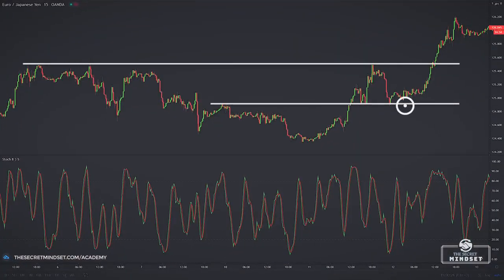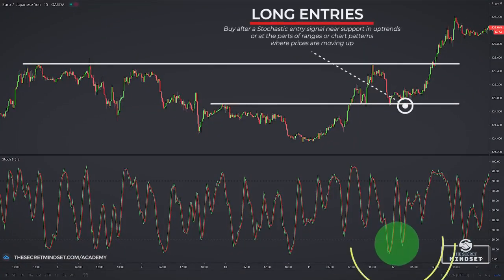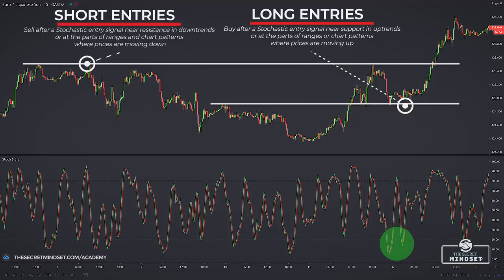The basic trading method for using support and resistance is to buy after a stochastic entry signal near support in uptrends, or at the parts of ranges or chart patterns where prices are moving up, and to sell a stochastic entry signal near resistance in downtrends, or at the parts of ranges and chart patterns where prices are moving down.